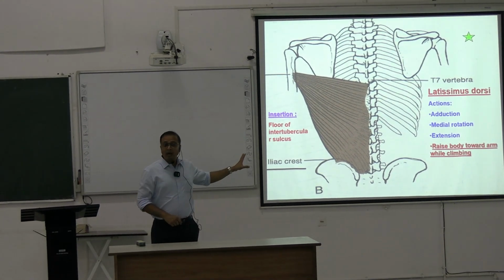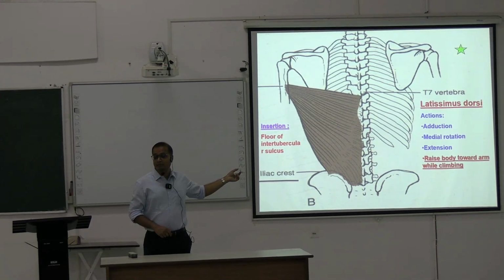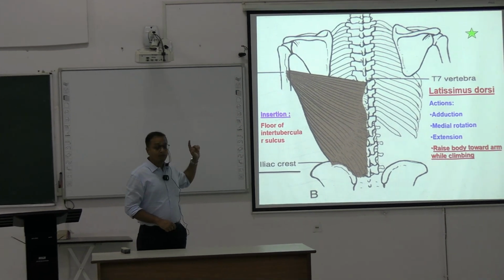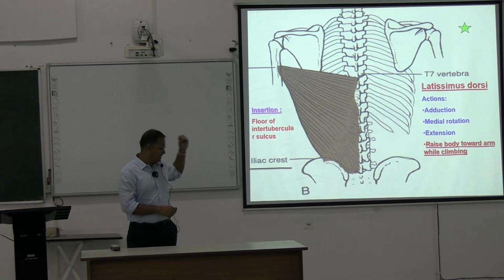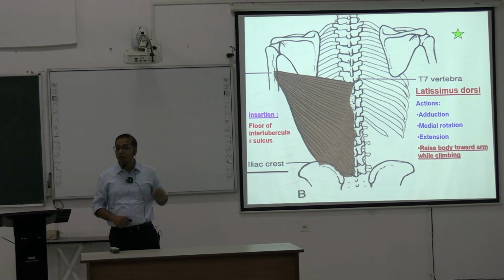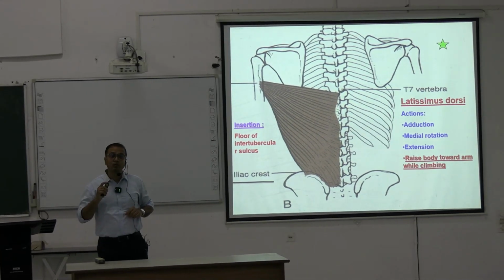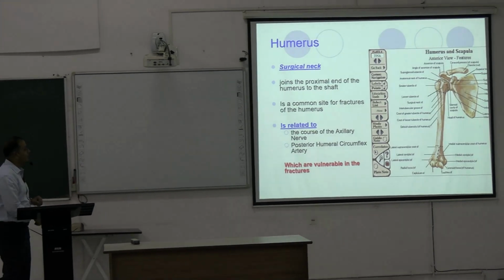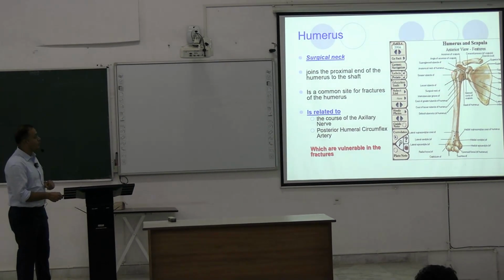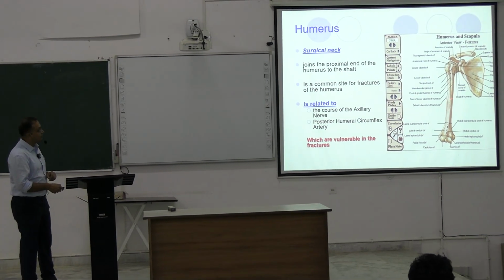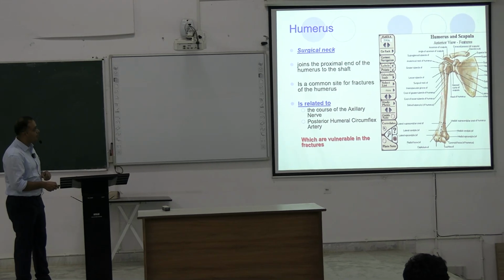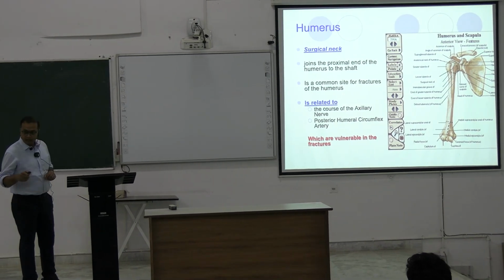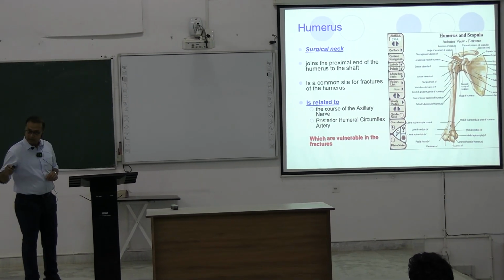The insertion of the lat is very important. So we are going to that bicipital groove. Again, I am going to this bony class where you have learned. This groove we call the bicipital groove. The floor of it is occupied by the insertion of lats.